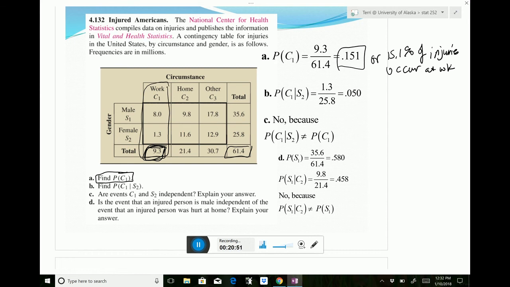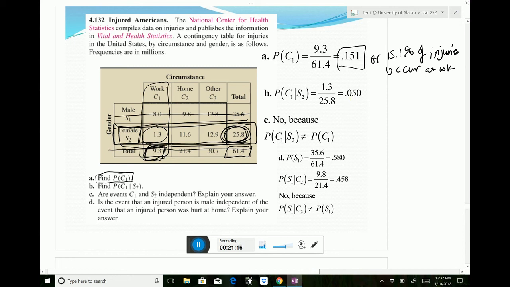Now we're given that the person is female. So out of all the females, we don't even care about males anymore. We don't care about the totals. We're only looking at the females. Out of the 25.8 million females, 1.3 million were injured at work.